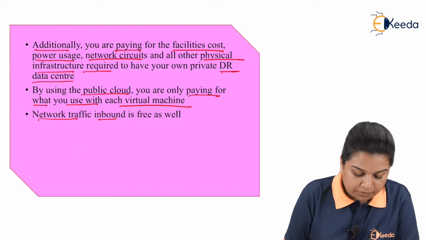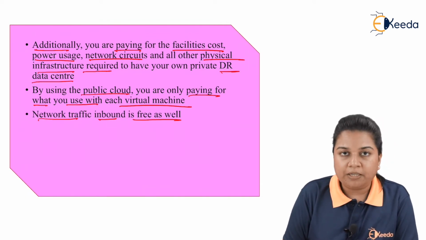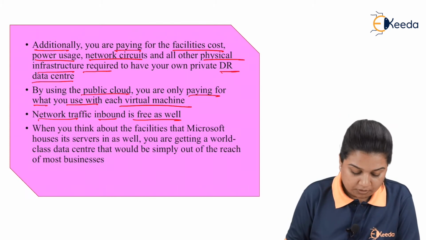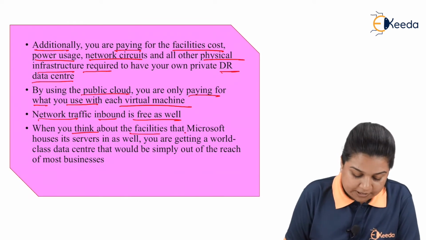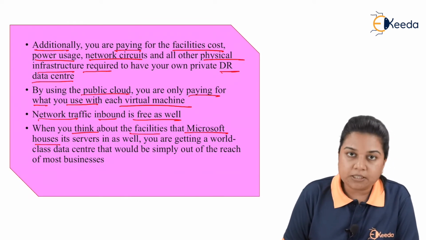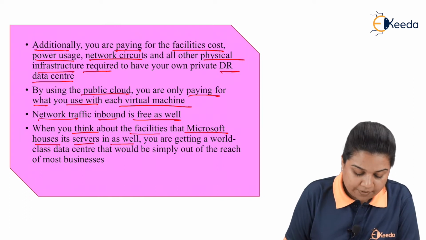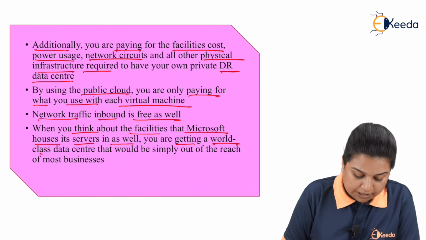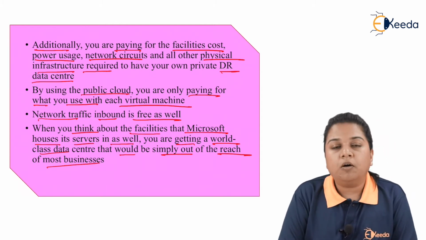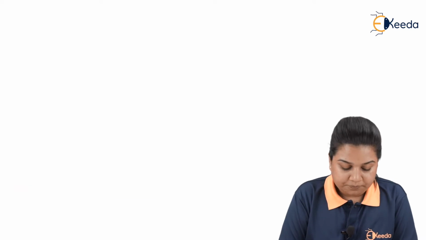Network traffic inbound is free as well while they are using infrastructure as a service in the public cloud. When organizations think about the facilities that Microsoft houses its servers in, they are getting a world class data center that would be simply out of reach of most businesses.